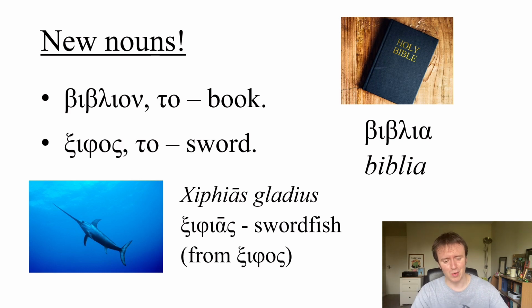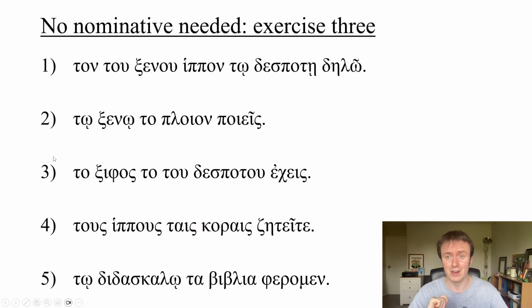It's called a swordfish sword. I know that's not a common derivative, but it might interest you. But anyway, let's move on from swordfish, and please do remember that xipos itself means sword and not swordfish, okay? So if you see that word, please do not translate it as swordfish, but translate it as sword.